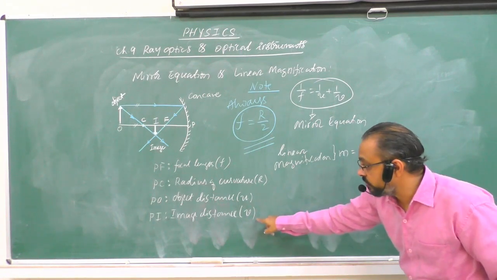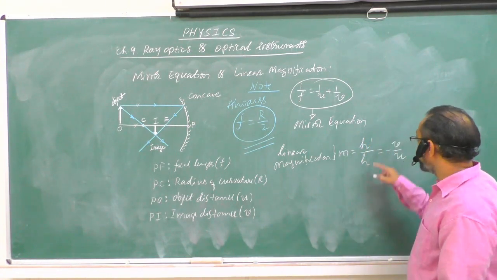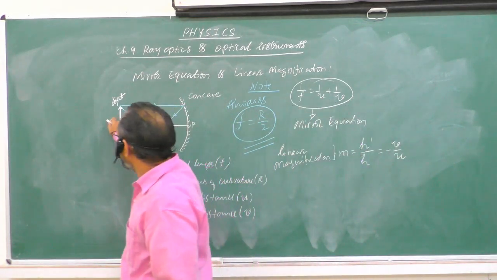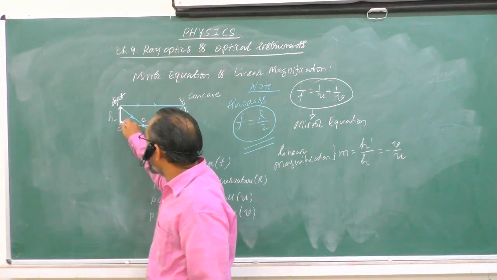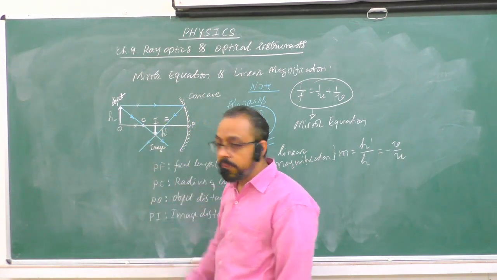V is the image distance, U is the object distance, and H dash and H. In standard notation we take H as the height of the object and H dash as the height of the image.